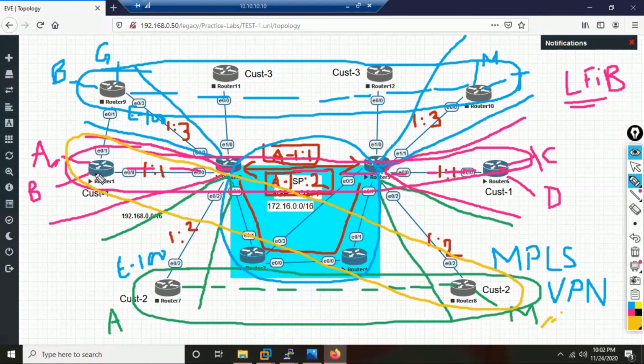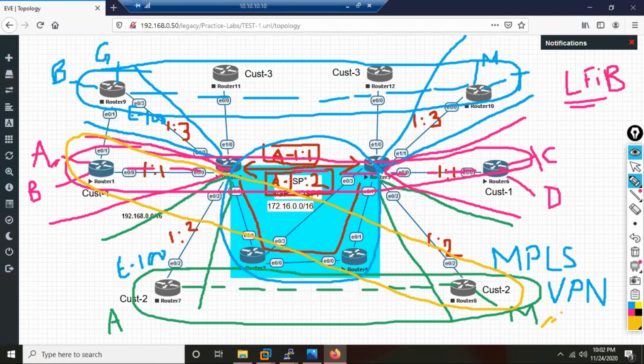You can't have 10 RDs. So that's the problem. As long as every customer wants to access only their own sites and their own traffic, RD would have been sufficient. But if customers want to access other customers' sites, then RD is incapable.